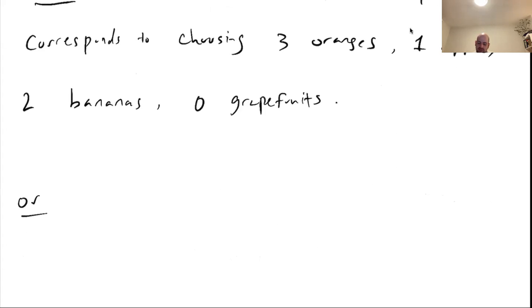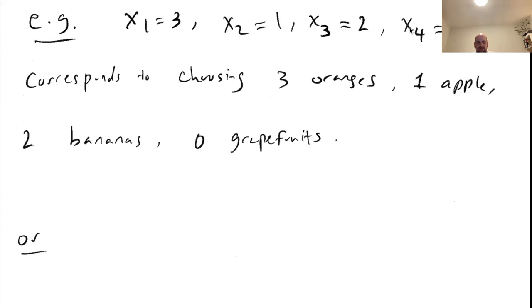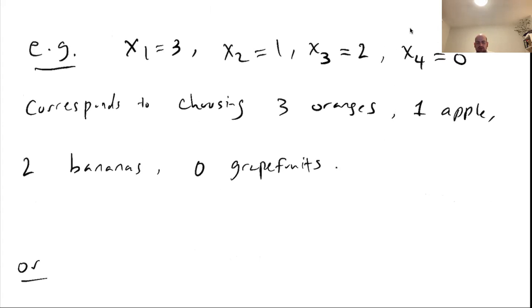Or the other way around, if I have a solution for my equation, I can correspond it to a choice for choosing 6 fruits. And also, if I have a specific choice for choosing 6 fruits, then I can correspond it to one solution of this equation.